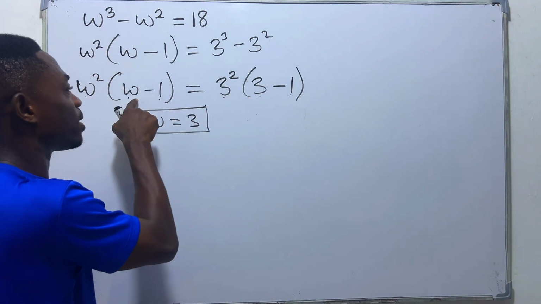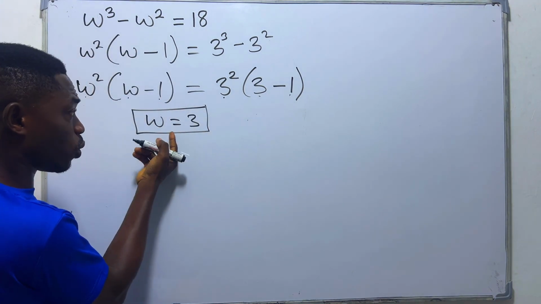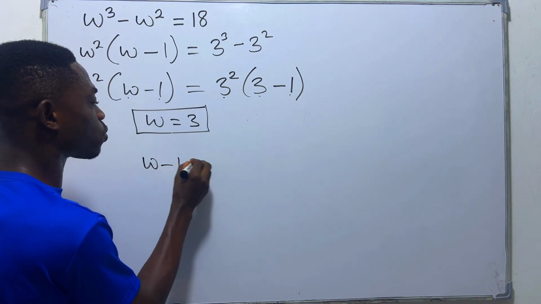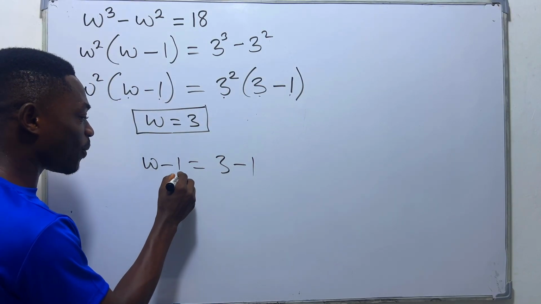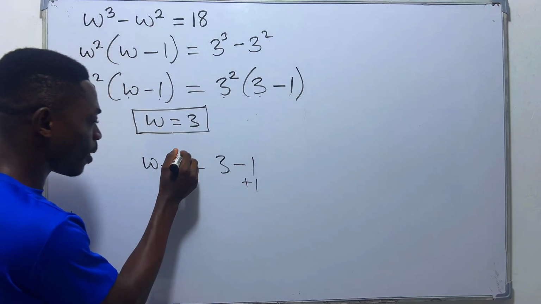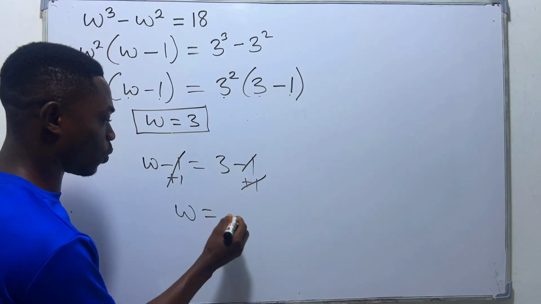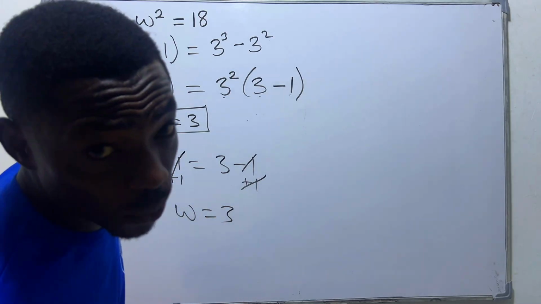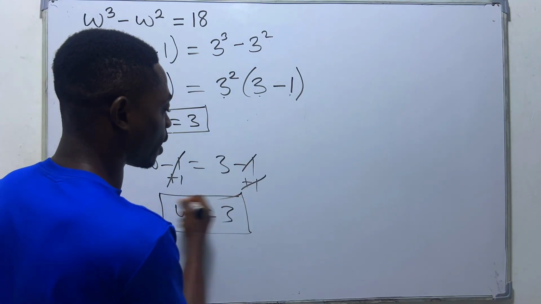This is equal to this is equal to this, and we are still getting 3. So if you don't want to do it this way, you can just say w minus 1 is equal to 3 minus 1. And if we add 1 on both sides like so, this will go, we are left with w, this and this will also go, 3. So no matter what, we will end up getting 3, right? So that is pretty much it.